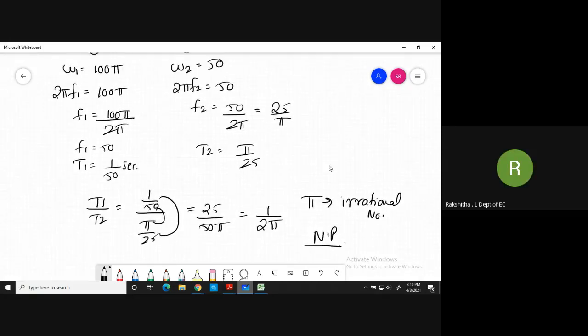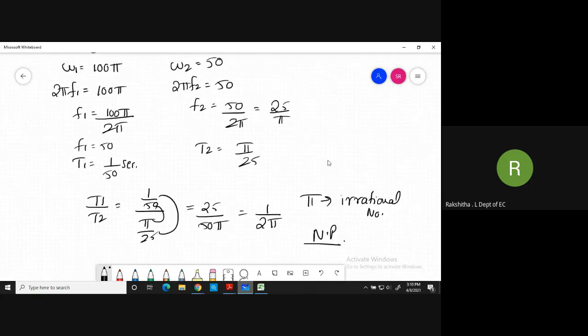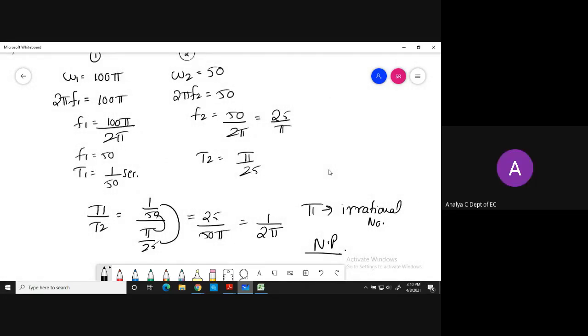Yes, ma'am. Are you following? Did you see the difference between both? Ma'am, can you show the previous question? Yes: 2 cos 100 pi t plus 5 sine 50 pi t.